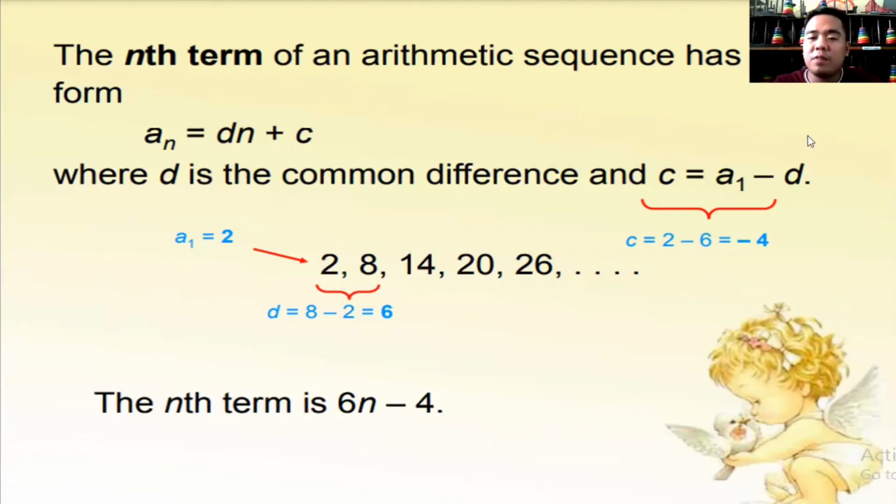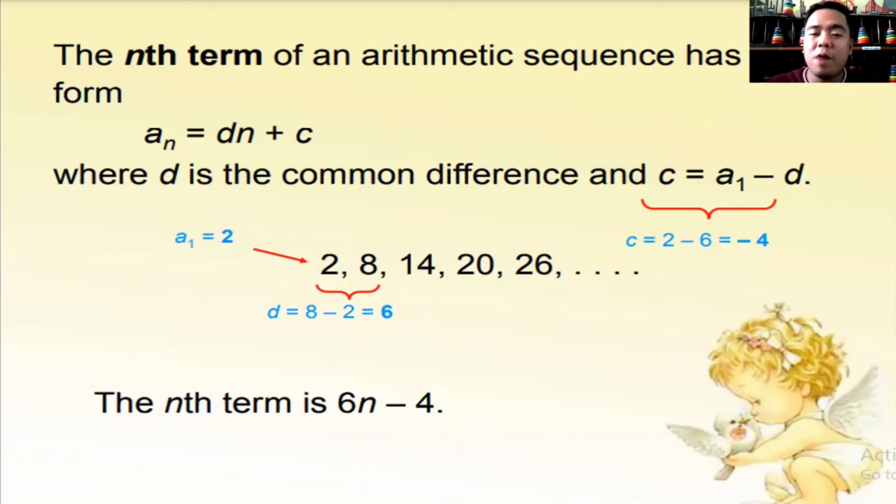So look at the formula in finding c. That is equal to a sub 1, meaning a sub 1 is the first term, minus the common difference. What is d there? It is the common difference. And c is the difference of the first term and the common difference.